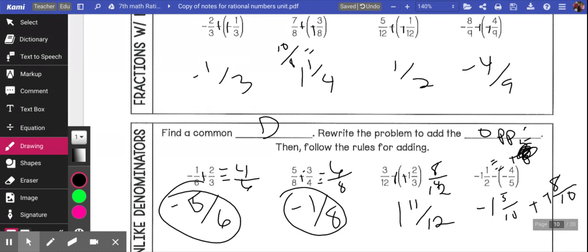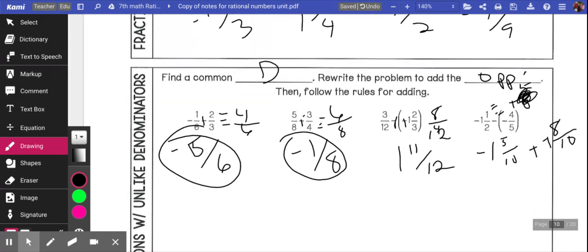We never change that first number. And so we have a negative plus a positive. So this is probably the one that's the most tricky, because I'm going to put the 8/10 down here, because that's the smaller number.